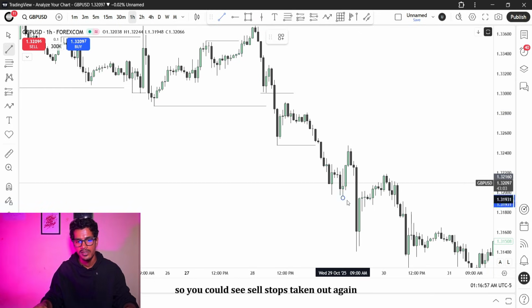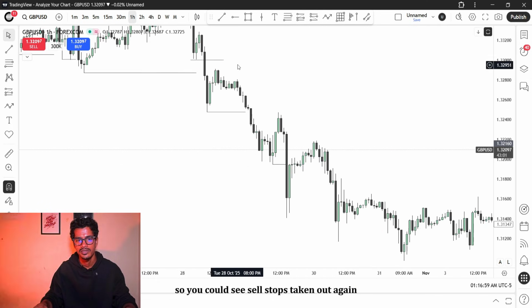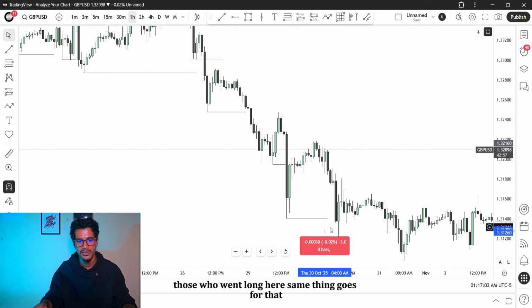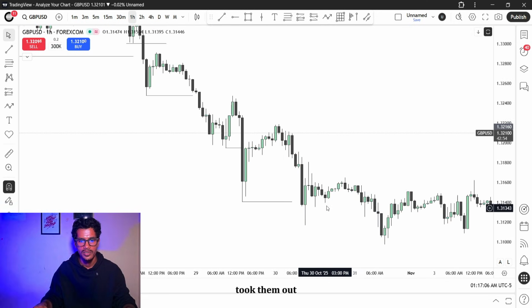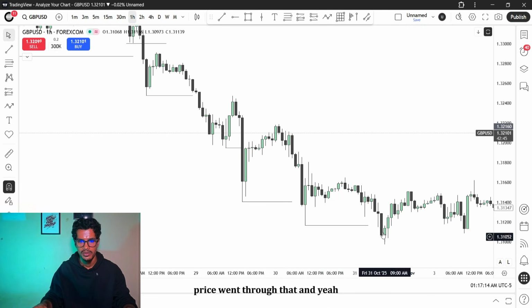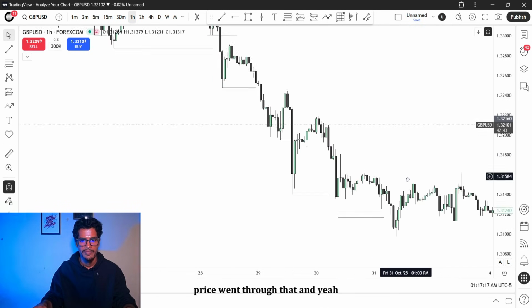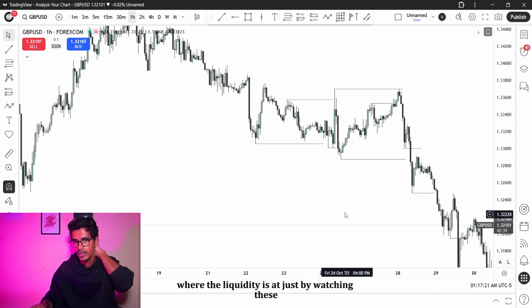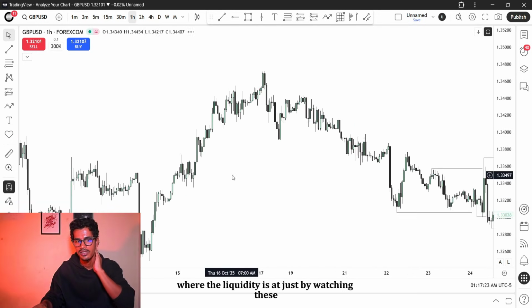So you could see sell stops taken out. Again, those who went long here, same thing goes for that, took them out. Again, sell stops below these lows, price went through that. And yeah, pretty much you can understand where liquidity resides just by watching these.